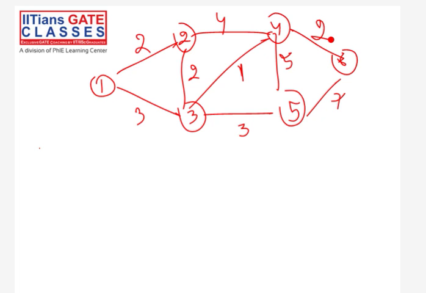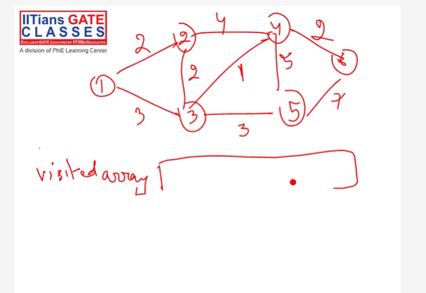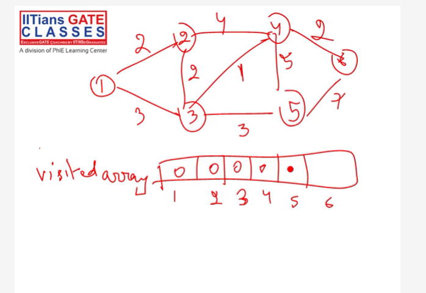to keep track of two things. Okay, one is the visited array. So what we'll do is all these 1, 2, 3, 4, 5, and 6 nodes, I want to keep a visited array which actually keeps track of which nodes I have visited till now.